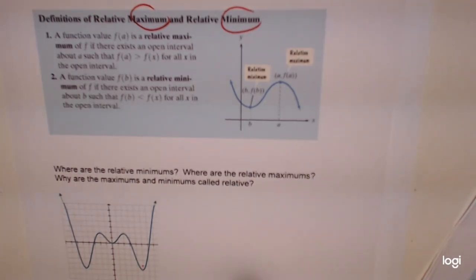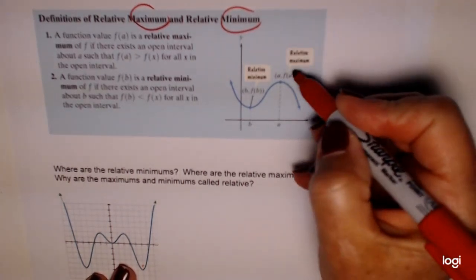If we have an interval on our graph of our function where the y value or the f of x value is greater than all the other y values in that area, in that neighborhood, so not necessarily the whole graph, just in that area, then that represents a relative maximum.